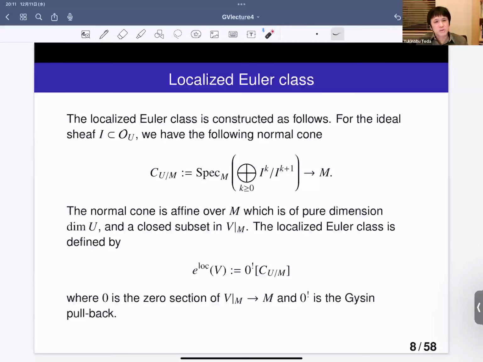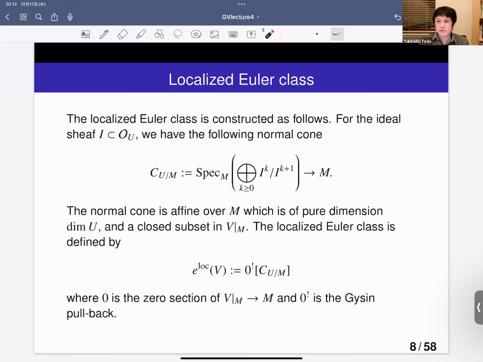And this localized Euler class can also be constructed quite explicitly. So let I be the ideal sheaf of M. Then we have the following normal cone over M. That is, the spectrum of the direct sum of this graded algebra over M. In fact, if M is non-singular, then this is nothing but the total space of the normal bundle.